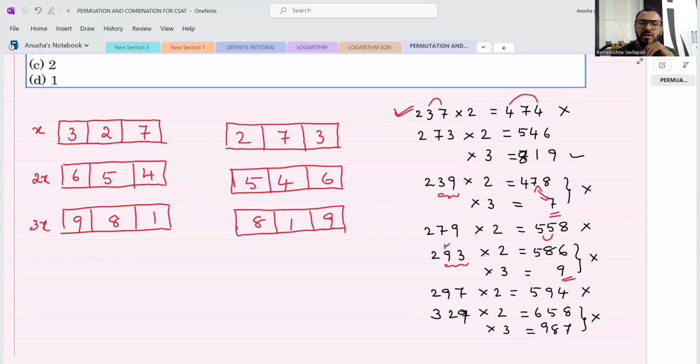But here 9 is already there, so this case is eliminated. Next, 297, interchange these two. Okay, I have missed a little order here. 297 into 2 is 594. Here 9 is repeated twice. Our restriction is no digit being repeated. So therefore, there are two options.